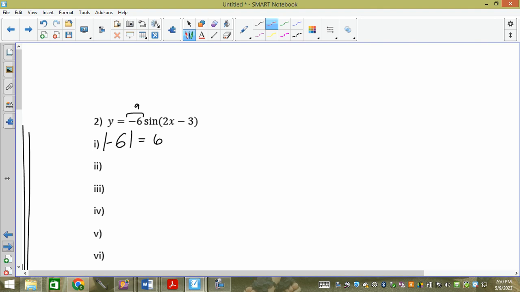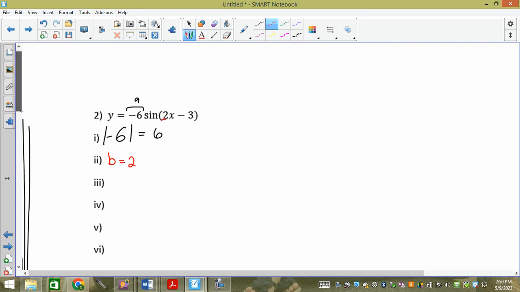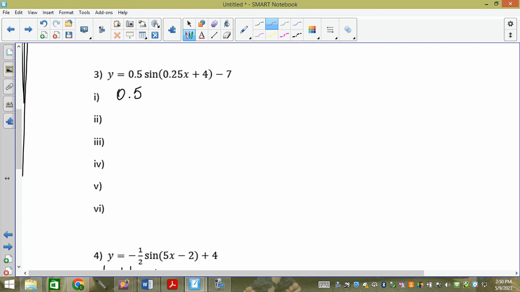What's my B value of this one? My B equals 2, because it's what's found between my sine and my x. Okay, what about 3? We're in the notes. We're just a few pages in. So 3, what's the B value? 0.25, yeah. So it's between the sine and the x.